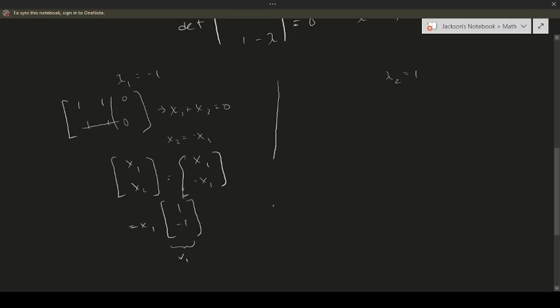Then we do the same thing here. We can multiply this by negative 1, cancel that out, and so then we end up with negative x1 plus x2 is equal to 0.